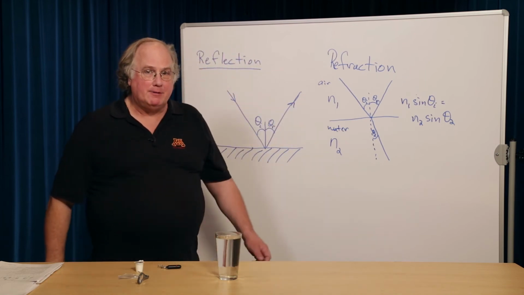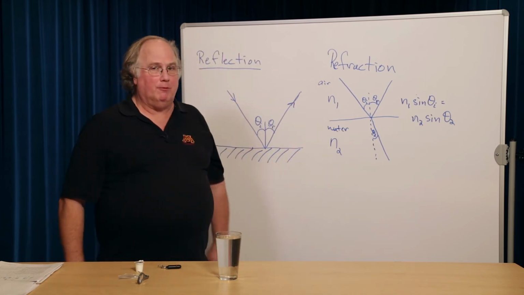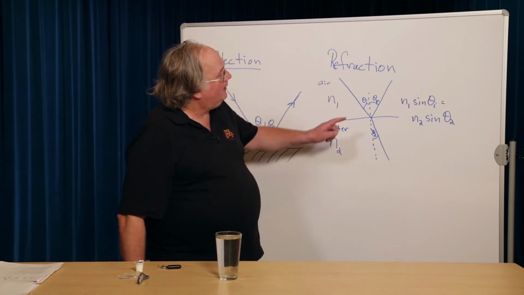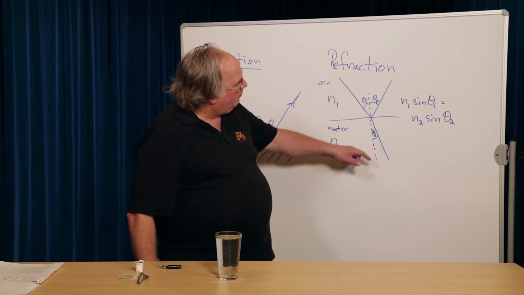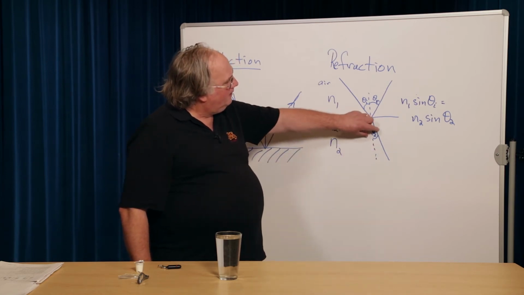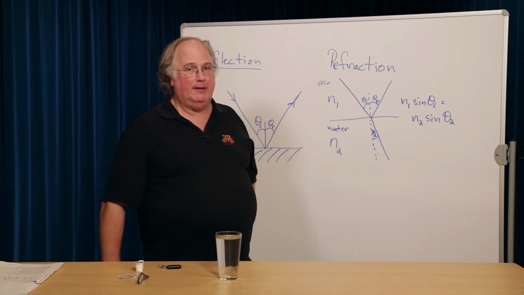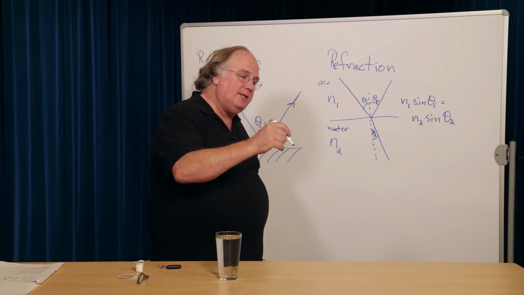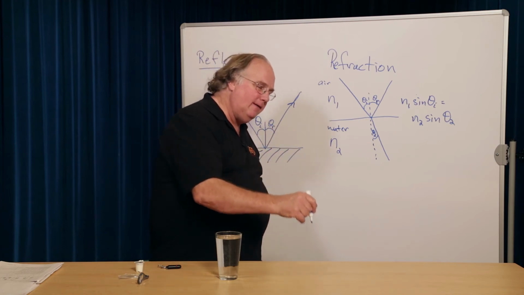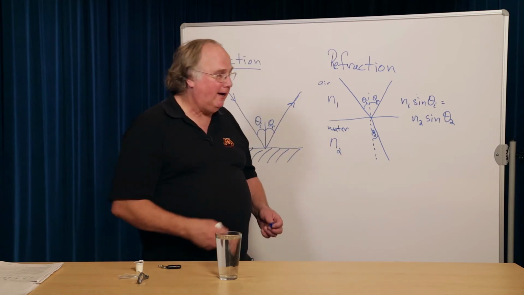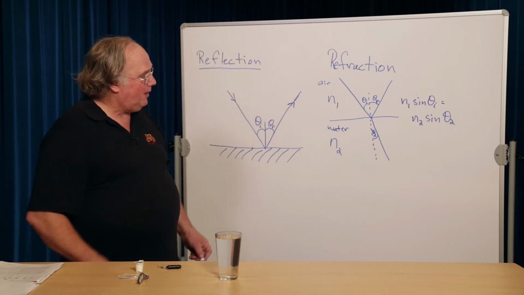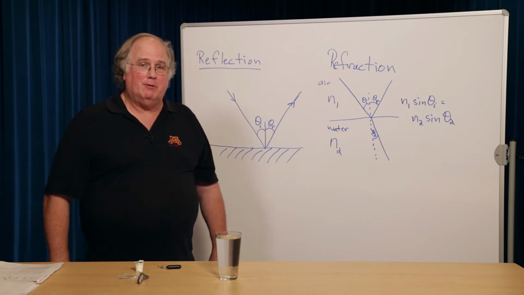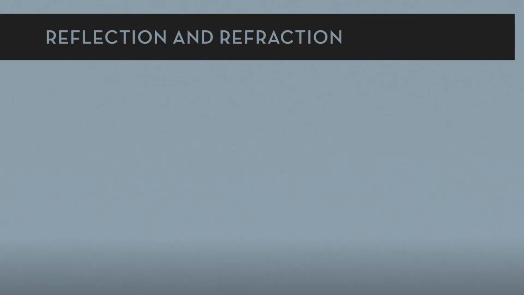N for air is basically 1. N for water is greater than 1. What that means is that the angle in water is smaller than the angle in air, so you get a kind of a dog leg. The light ray comes in, hits the surface, and then bends as it goes down. We'll have a look at that in a minute when we get out our lasers and a glass of water and start exploring this.